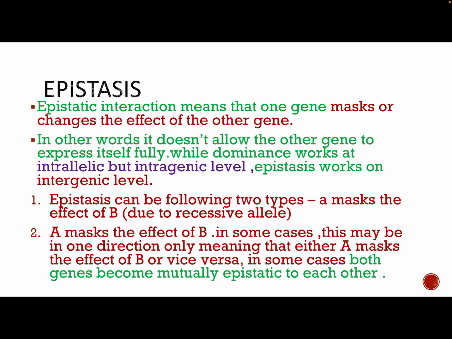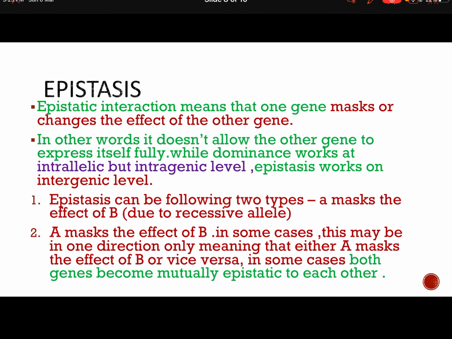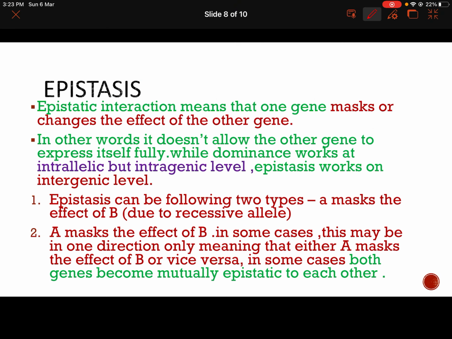While dominance works at intra-allelic, not intergenic level, when we read Mendel's law, we talked about dominant and recessive. In what terms? When we take length of plant, we write 2 types of alleles, T for tall and t for dwarf plants. It means we were talking about one gene which has 2 alleles.